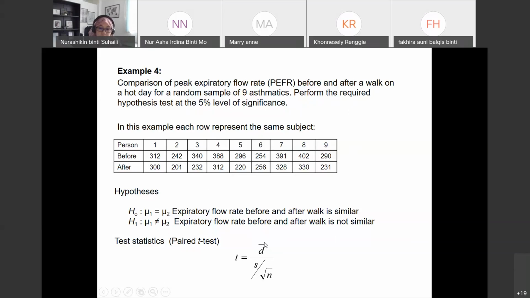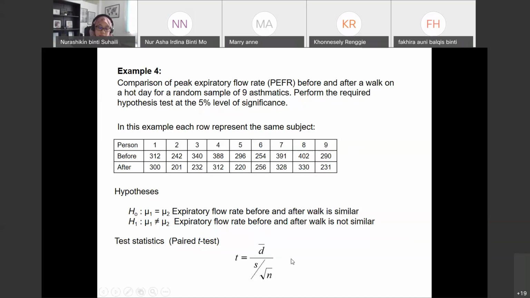And the next step is to calculate T. You have to use this T because it is the formula for the matched samples. That's why it's very important for you to identify the problem. When it is given before and after, you have to know that it falls under the category of dependent samples, and you have to use this T formula, not the T formula with Sp squared.